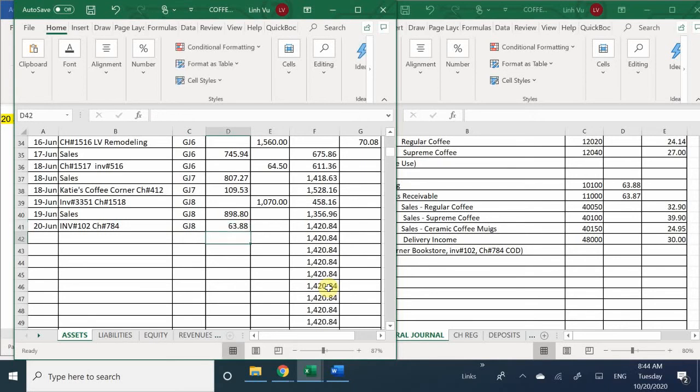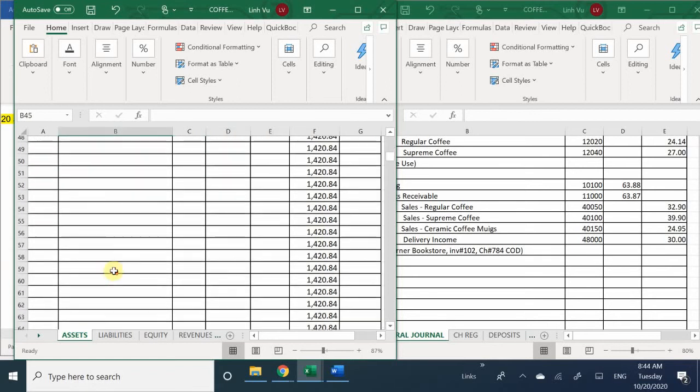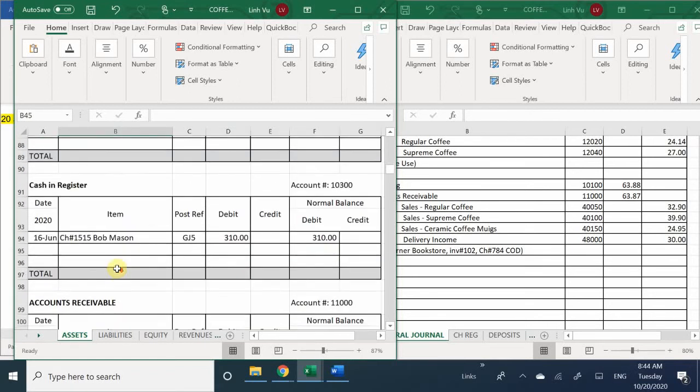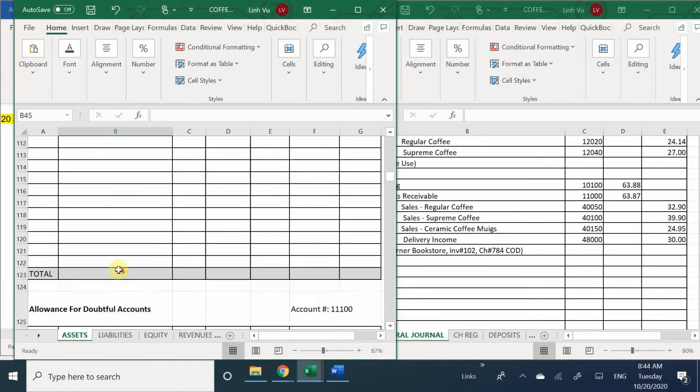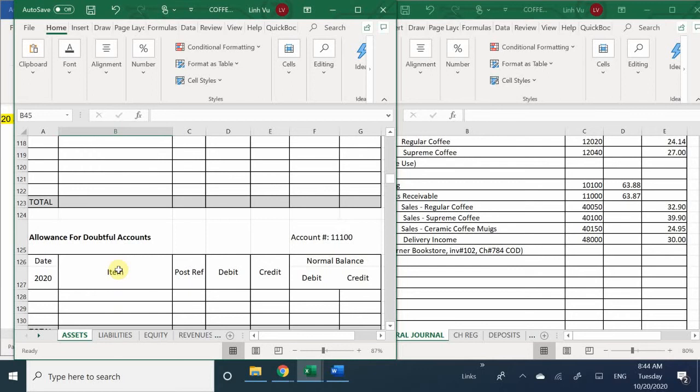That should change our value to 1420.84. Now we're going to go to accounts receivable.